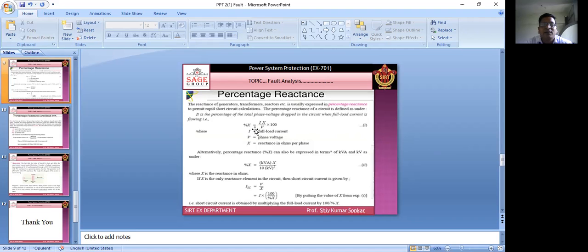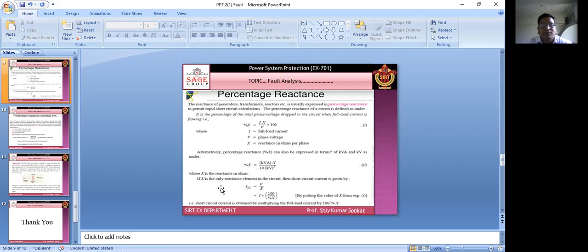So percentage reactance is equal to I times X divided by V times 100, where I is the full load current, V is the phase voltage, and X is the reactance in ohms per phase. Alternately, percentage reactance can be expressed by kVA and kV: percentage reactance is equal to kVA times X divided by 10 times kV squared.